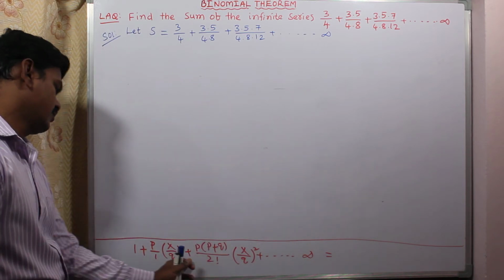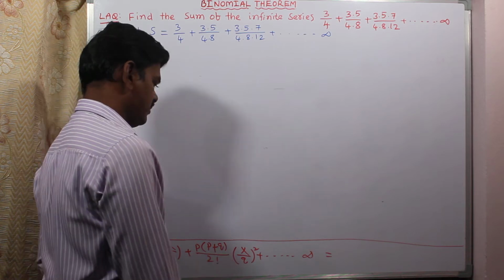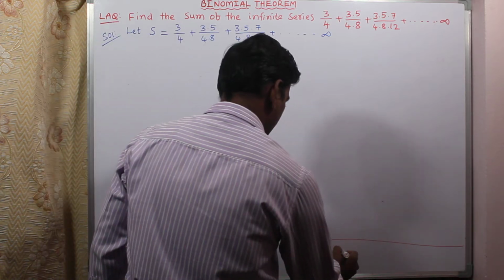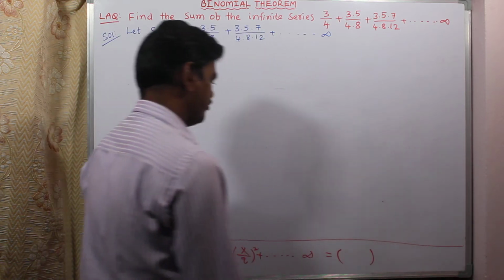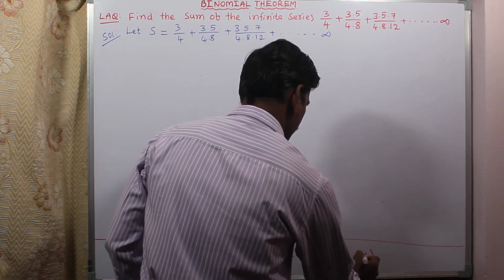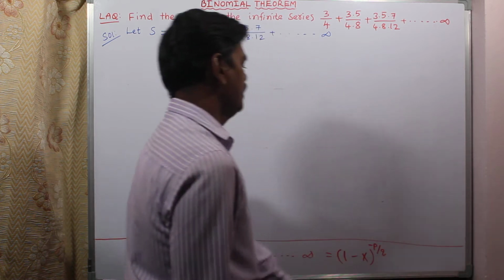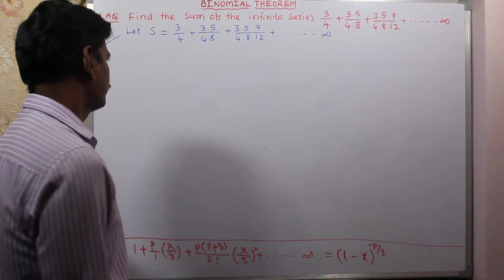Between the terms I have positive symbols. This is the formula. Now this infinite series we can express in the form of binomial with rational index: 1 minus x whole power minus p by q.